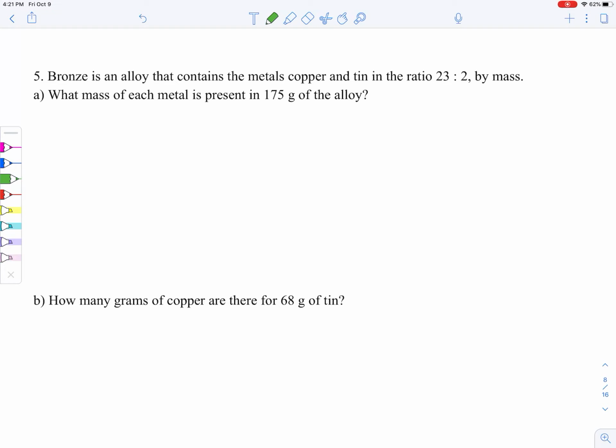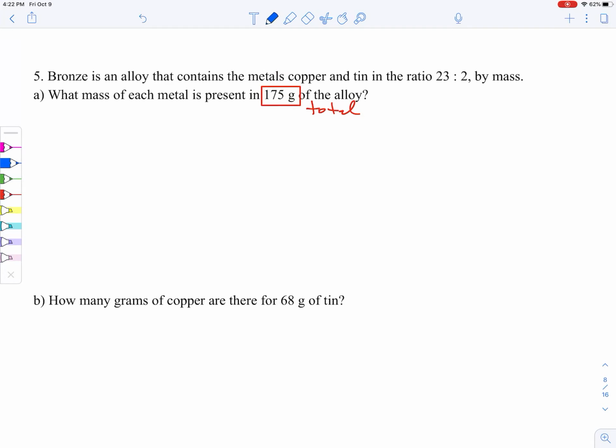Question 5. Bronze is an alloy that contains the metals copper and tin in a ratio of 23:2 by mass. And then it wants us to find the mass of each metal present in a total amount. So here's our total amount.